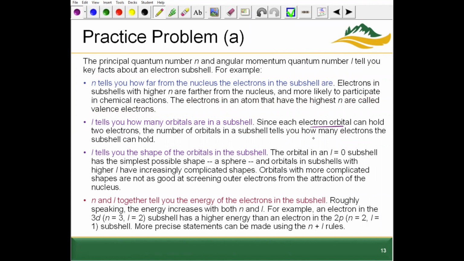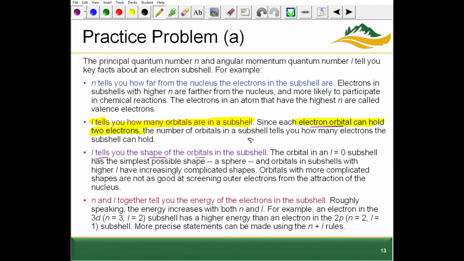So each specific orbital can hold 2 electrons. l tells us how many orbitals are in a subshell, where again, each orbital can hold up to 2 electrons. Next, l also tells us the shape of those orbitals in the subshell.